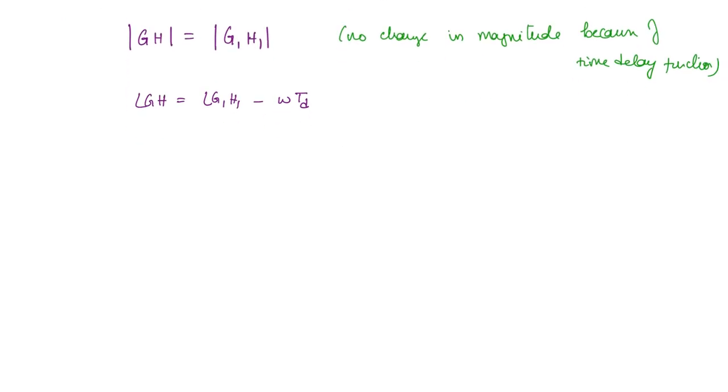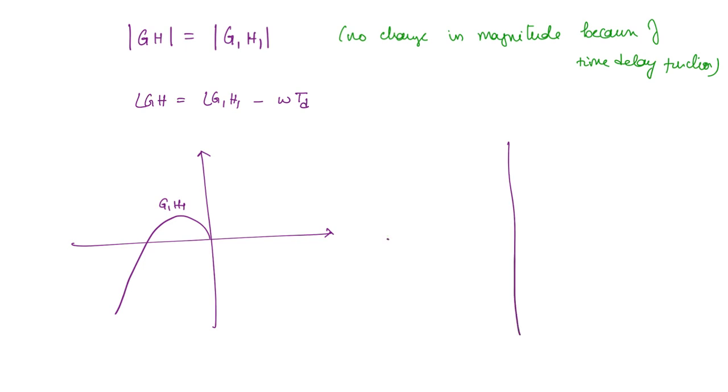For example, if you take the Nyquist plot, the polar plot of G1H1, let us say it is like this. Okay, then what will happen to the plot of GH? That means including the time delay, this is going to start at the same point, because when omega is equal to 0, the phase will be simply equal to that of G1H1.